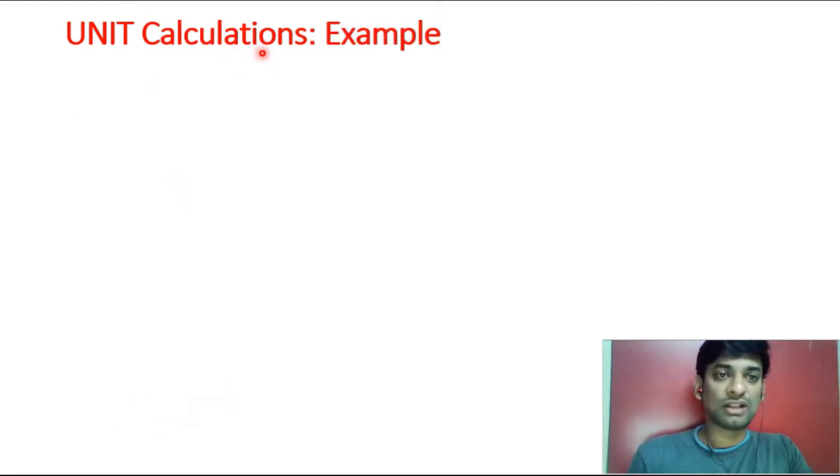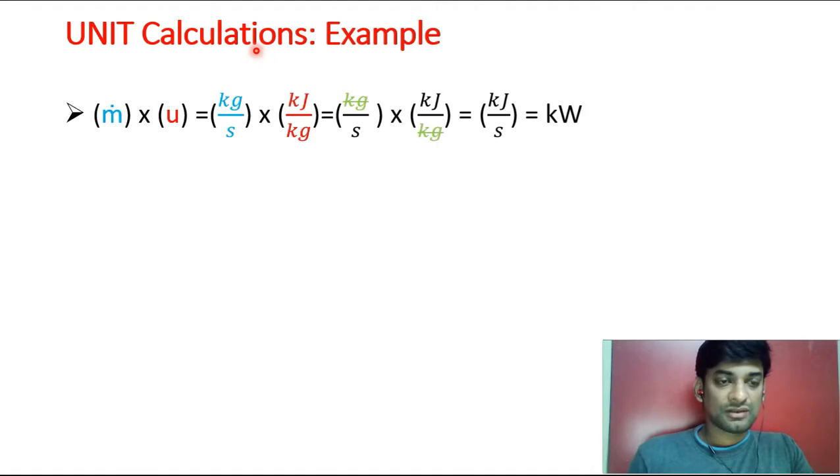Next one is unit calculations. I have taken two examples. Look at this. Mass flow rate is multiplied by specific internal energy. The unit of mass flow rate is kilogram per second. The unit of specific internal energy is kilojoule per kilogram.